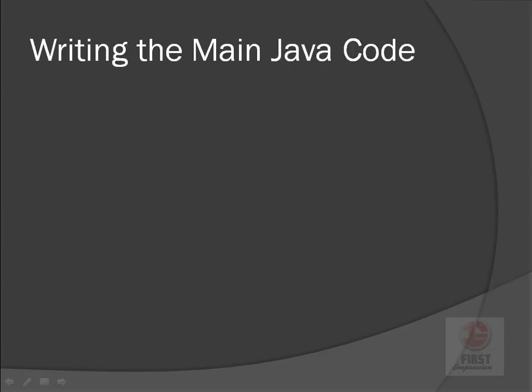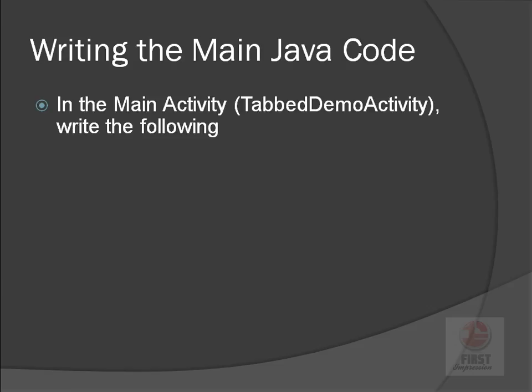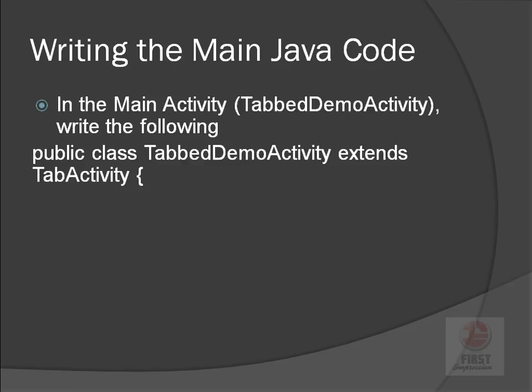Then let's write the main Java code, that is the code in the MainActivity.java file. We have our public class TabDemoActivity. In our case, this will be MainActivity extends TabActivity. You will not extend it from Activity, you will extend it from the TabActivity class.